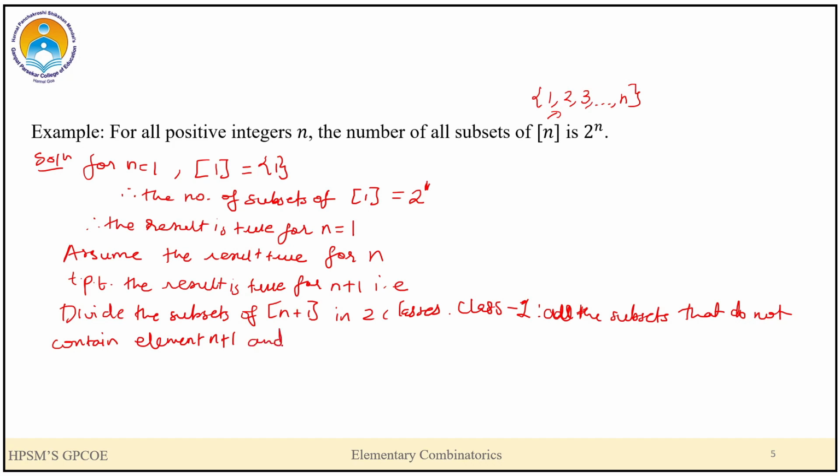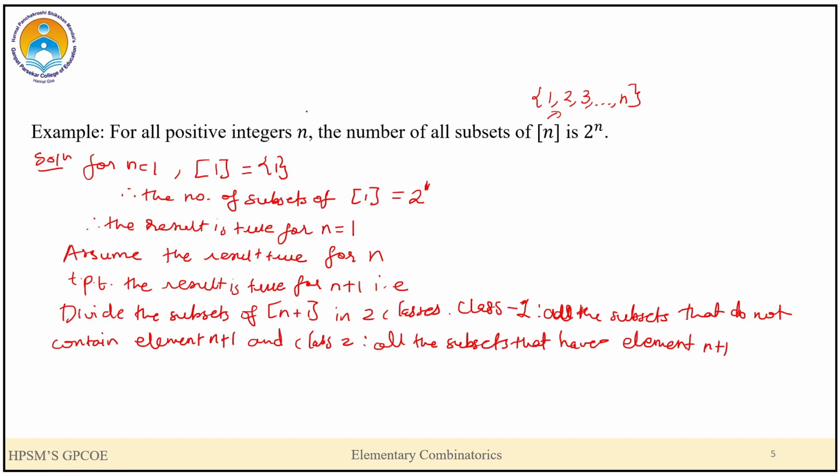And class 2: all the subsets that have element n plus 1.